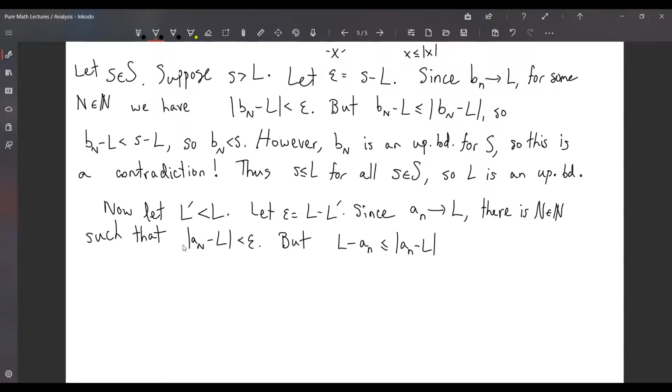I could write minus x is less than or equal to the absolute value of x. That's true. So L minus A sub big N is less than L minus L prime. So L prime is less than A sub big N. Sorry, these should all be big N's.